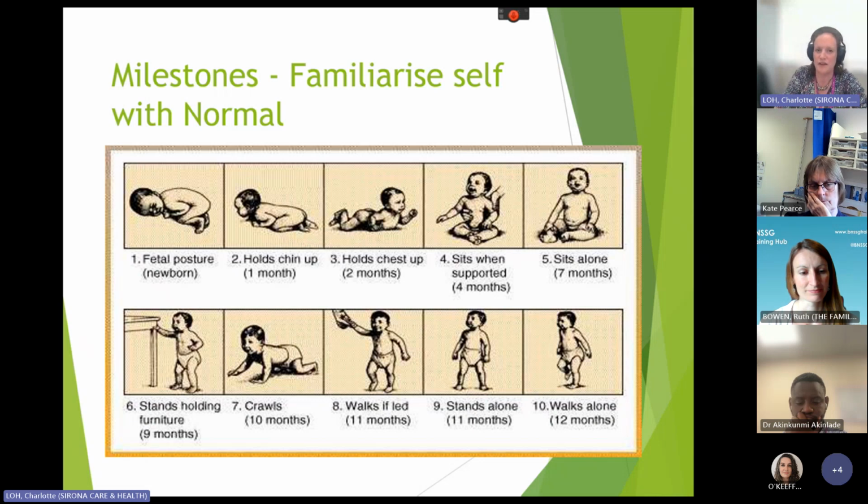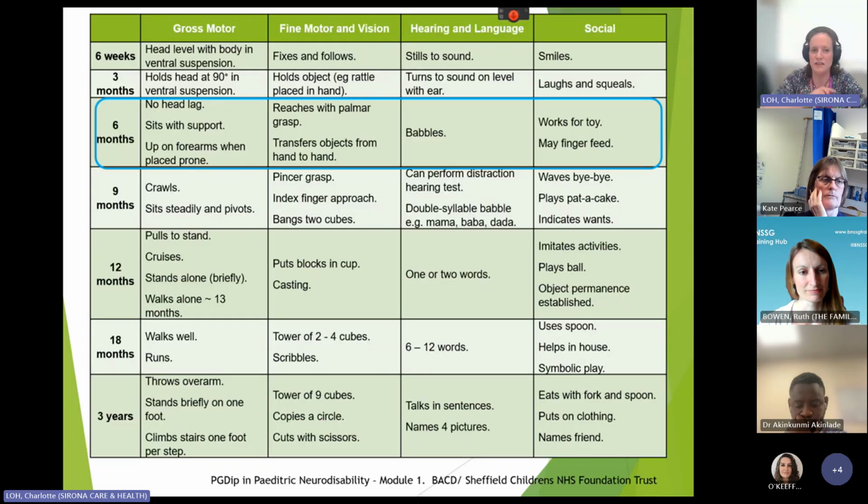So in general, I'd suggest thinking about development across the 4 domains. For example, this table was taken from the PGDip in paediatric neurodisability, but there are lots of lists everywhere, and you're welcome to use this table if you find it useful.